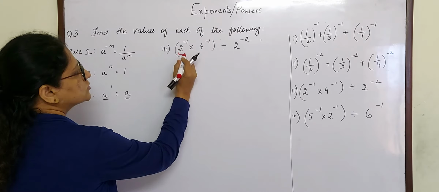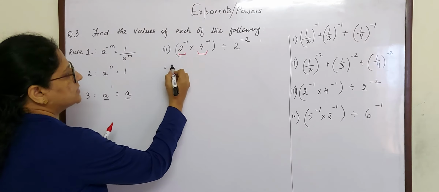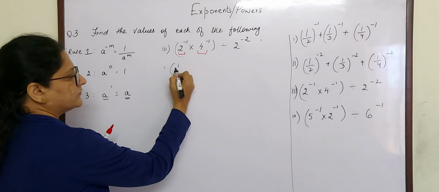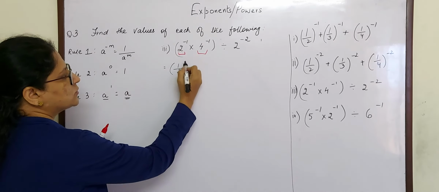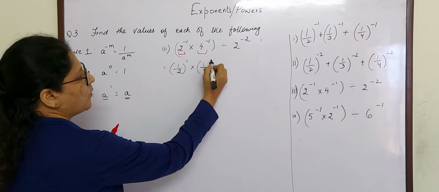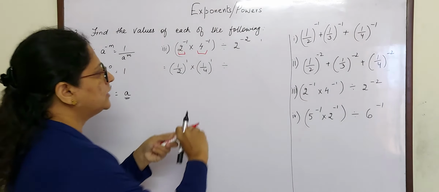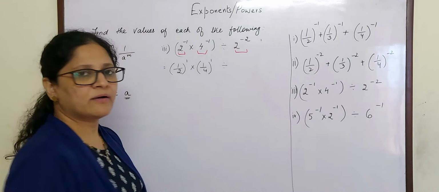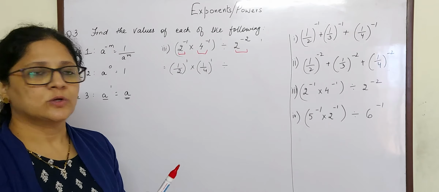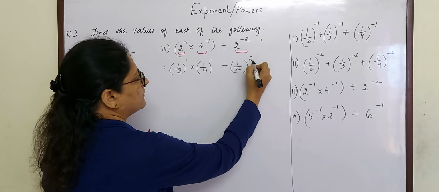What is 2^-1? Very good, children. (1/2)^1 into (1/4)^1 divided by, now here even 2 is having a negative power, 2^-2. So how will you change that? (1/2)^2. Very good.